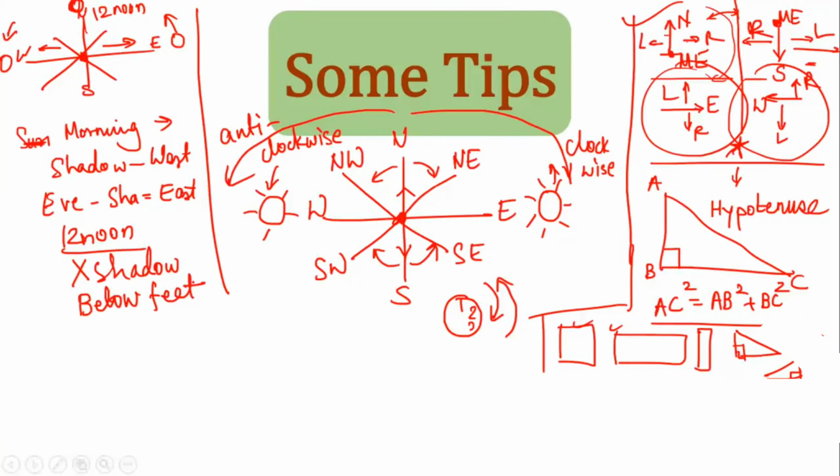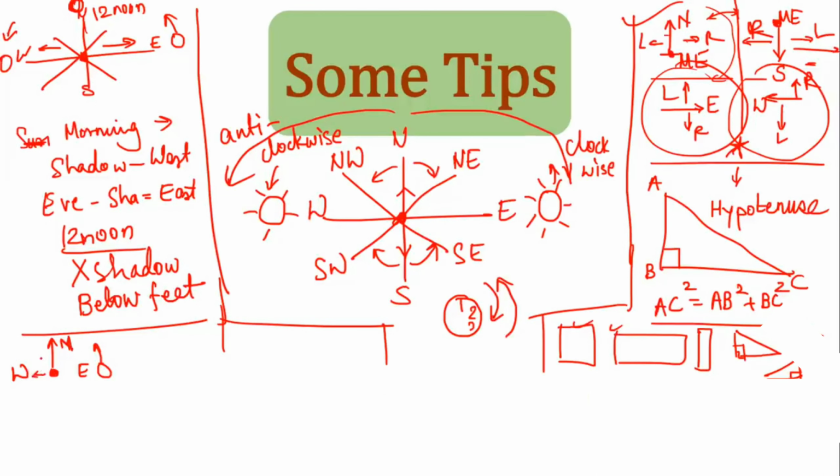Now another important concept which is related to left and right. Take a look over here. This is me again. I am facing north, okay? So this is east, this is west. At sunrise in the morning, the shadow will be on the west side. So my shadow will be on this side, on the west side.